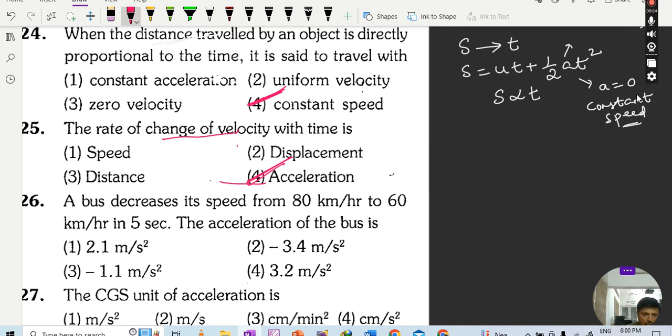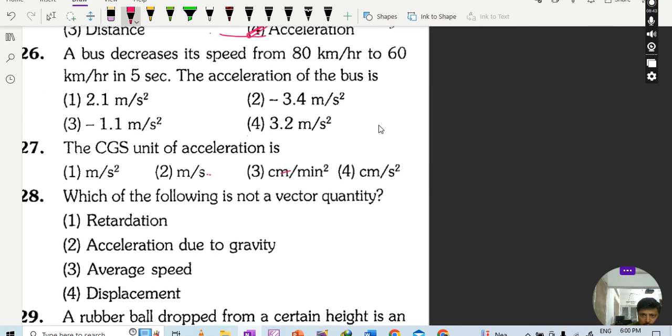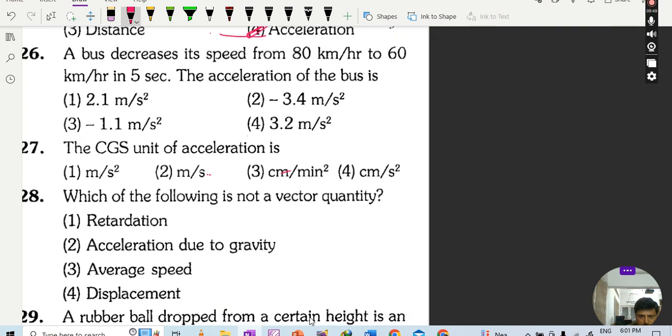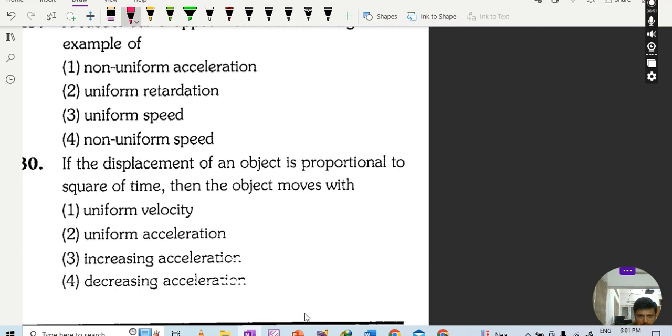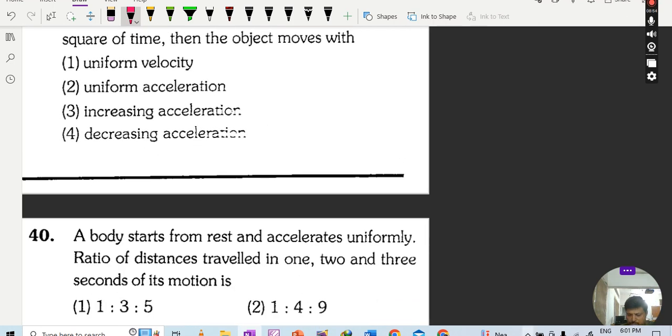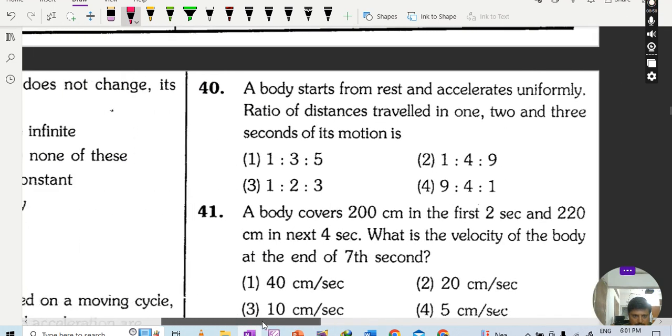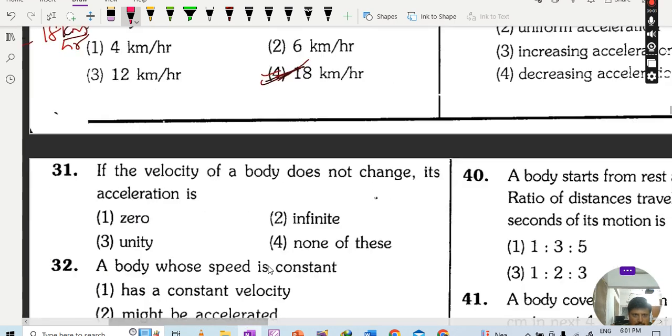Then go to the 26th question. My dear children, go to the 26th question. Go to 26th. 26th.